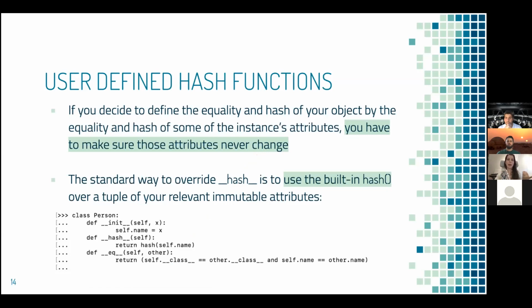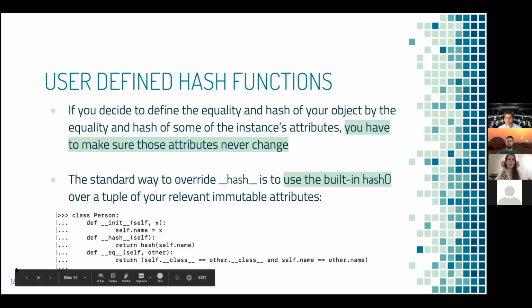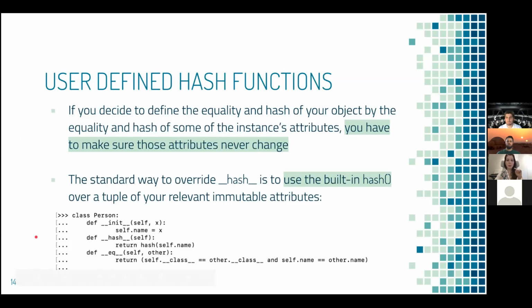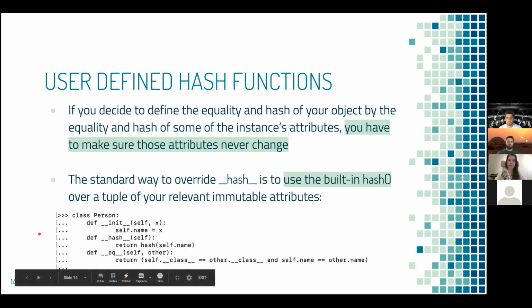And here we have a simple example. You can use the built-in hash function. You don't need to become a cryptographer, lucky for all of us. So what you usually do is you get a tuple of your immutable attributes and you pass it to hash, and that is how you tune your dunder hash function.